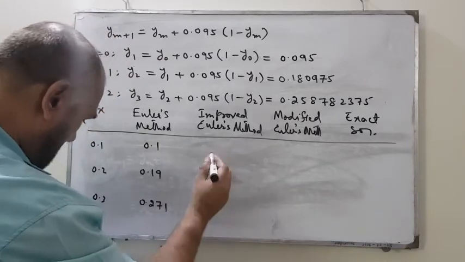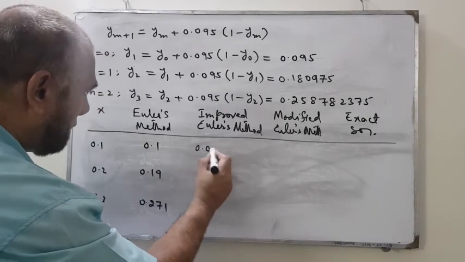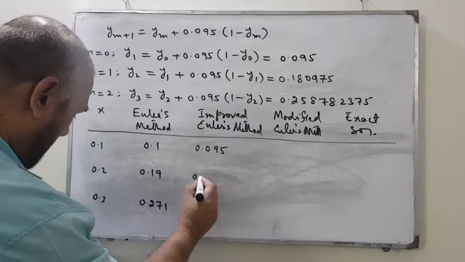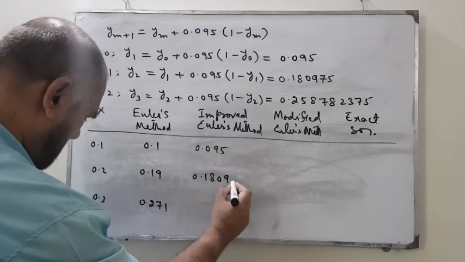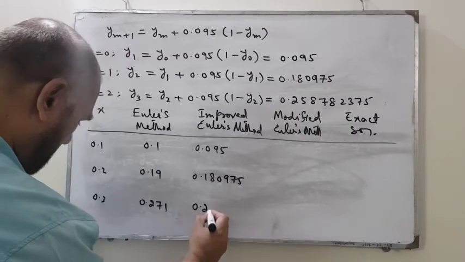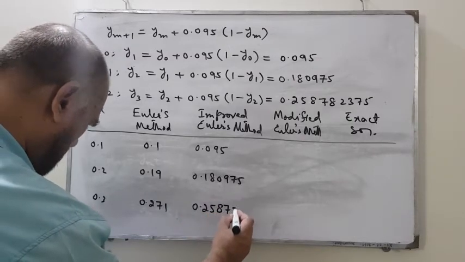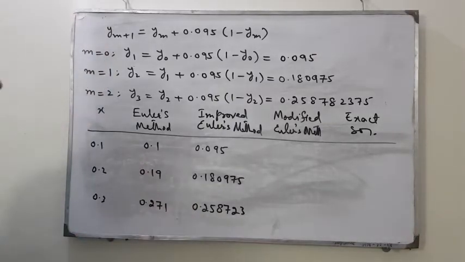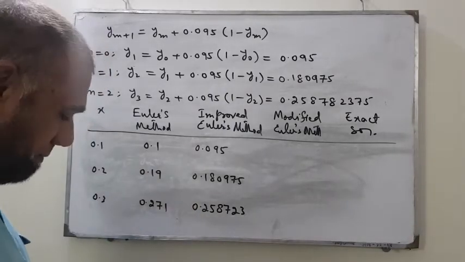Then 0.180975 and 0.258723, whatever it is. So these are the results we obtained in the previous lecture.